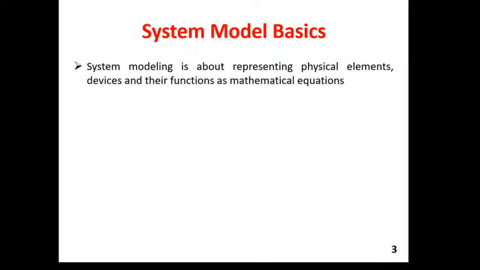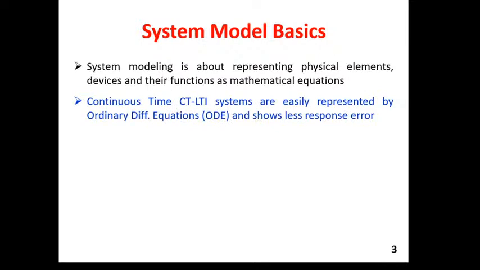So we want to make the computing facility our slave. To run a slave, we have to give proper commands, which come through the mathematical equations. That's why mathematical formulation of a system is very important before we do the simulation work. And simulation work takes us to a better system design, because whatever mistakes may be there in the system design will get rectified in the process.